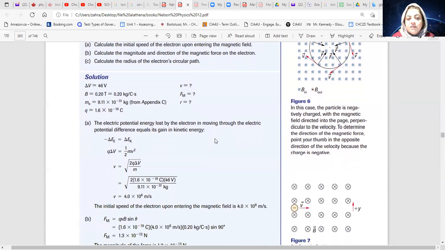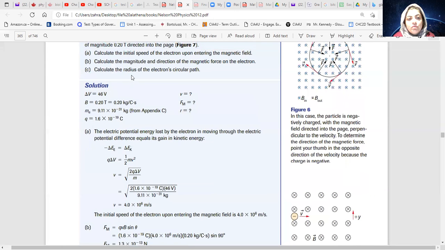Knowing that work done is equal to change of kinetic energy, the potential difference given to us multiplied by Q is half mv squared, the velocity gained when it's entering, right? You rearrange for velocity. Then when it enters, you want to find the magnetic force.